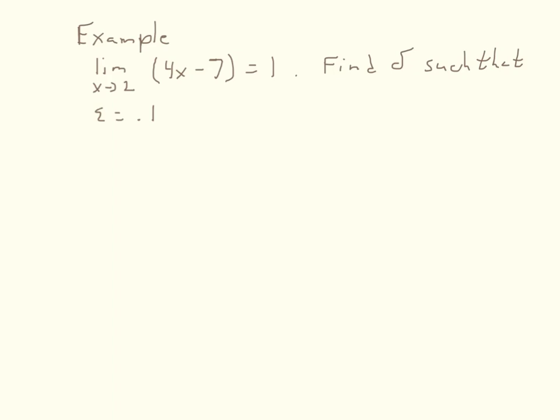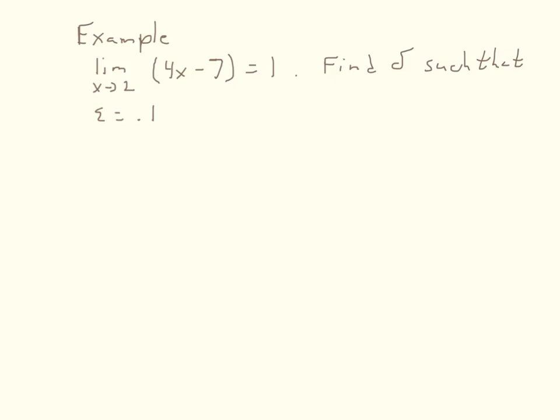So in this case, what I have is a problem. I'm being given that the limit as x approaches 2 of 4x minus 7 equals 1. I want to find delta for epsilon equal 0.1. Now I want to find a value of delta that can work. Here's the thing you have to keep in mind.